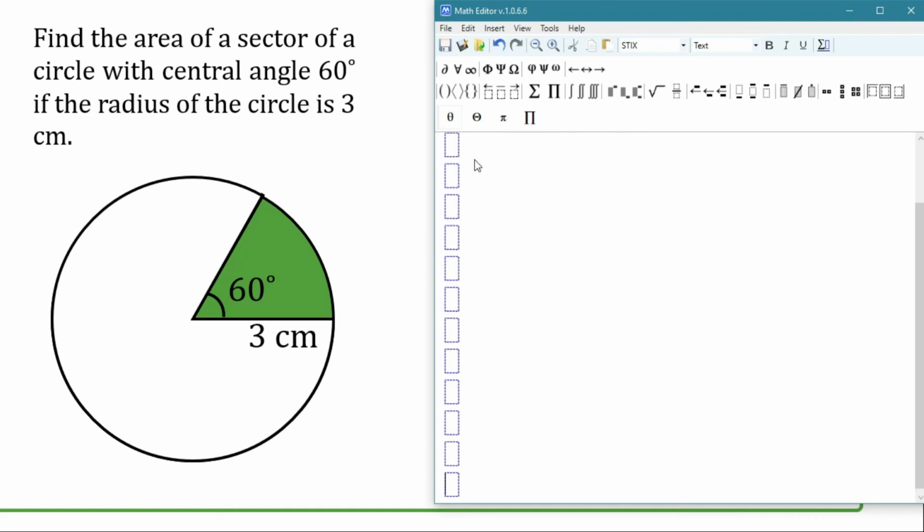first things first, we convert the angle measure, which is 60 degrees, into radians, by simply multiplying 60 degrees by pi over 180 degrees. Okay? So these are just applications of what we have learned from our previous discussions. So that is 60 degrees multiplied by pi divided by 180 degrees.